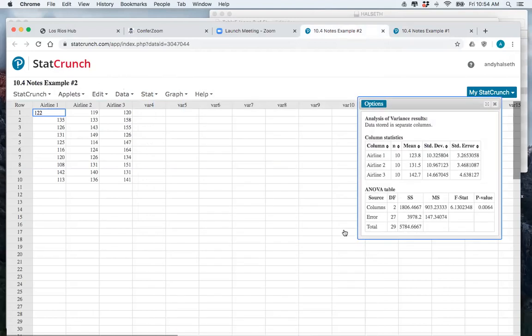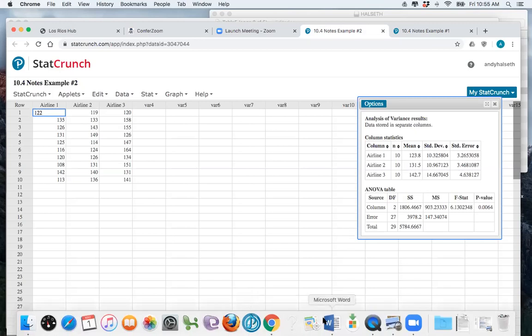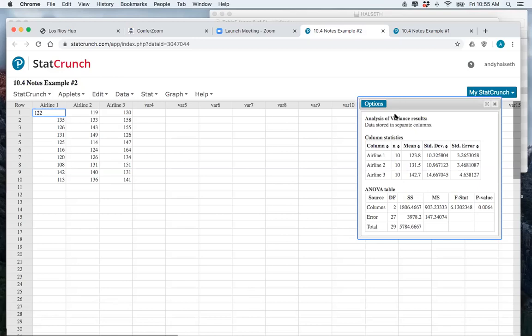Really what you're after is that F stat of 6.13 and the p-value of 0.0064. So with a small p-value, I'm thinking we're going to be rejecting H sub 0. I could get critical values if I want, but here I'm just going to go with the p-value. And then we can finish this one off.